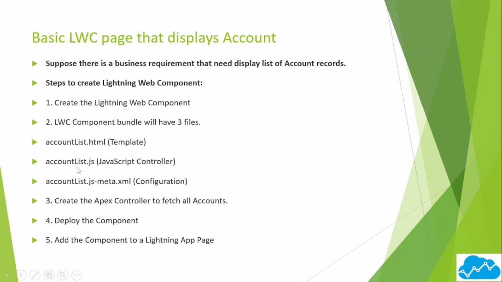So accountList.js, this is the JavaScript controller. Then accountList.js-meta.xml, this is the configuration file. These three files are created when we create our Lightning web component in Visual Studio Code by providing the name.